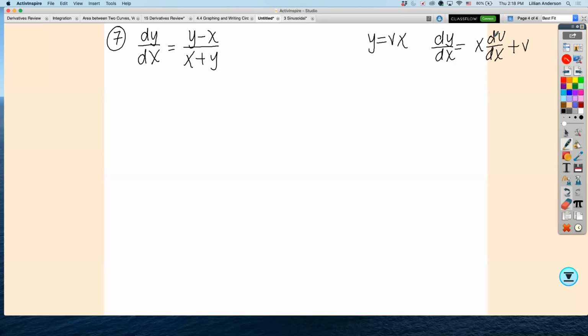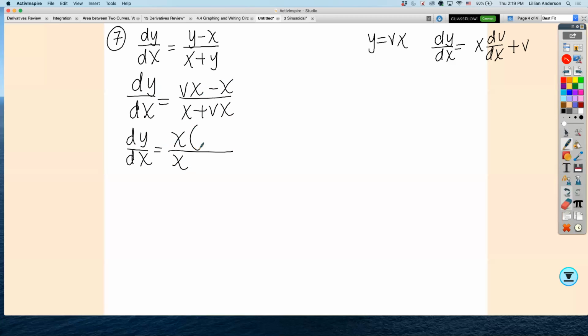Then I ended up taking out an x out of the top and the bottom. So my x's cancel out.